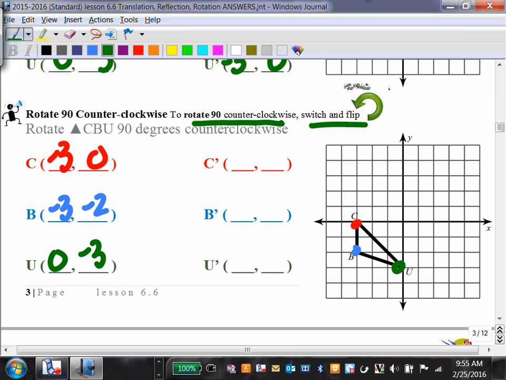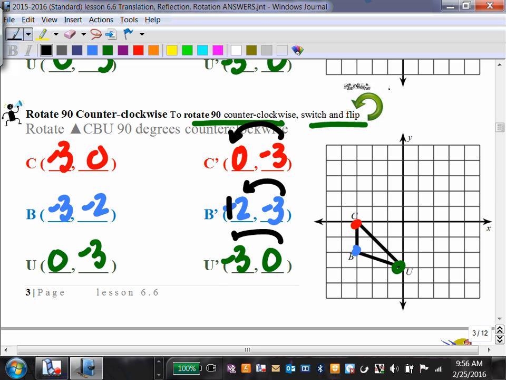So counterclockwise, switch and flip to the left this time. So start by switching only. Do nothing else. Ready? Counterclockwise arrow, flip the sign. Start graphing.